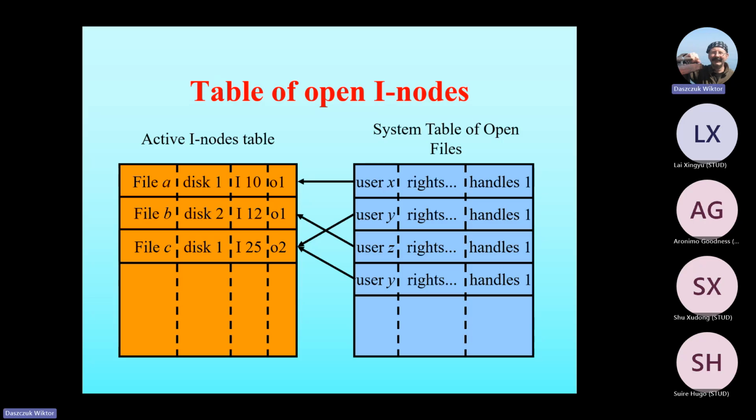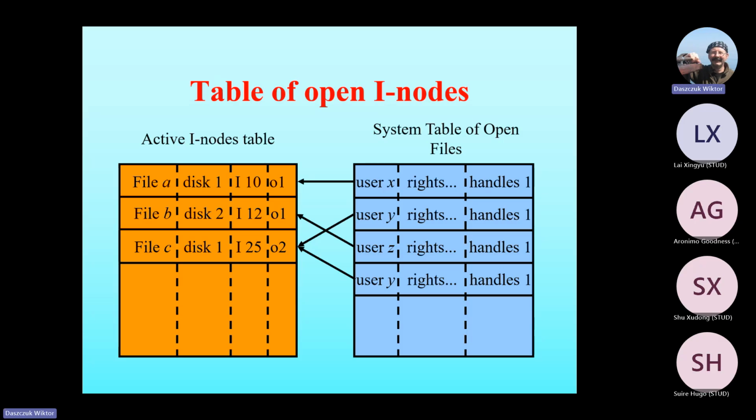And we have an opening count in active inode table. And we have those files open. First is opened by user X with those rights. Effective rights are written here. Because if I want to write, operating system checks if I can.